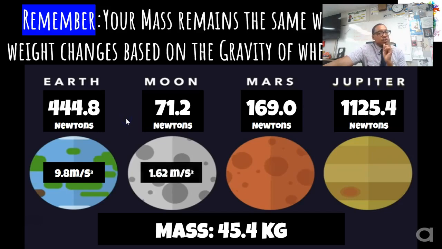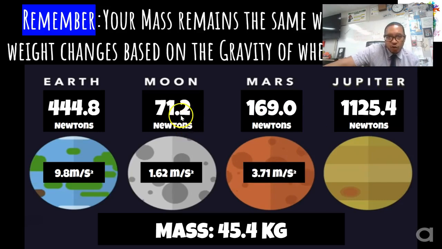The gravitational constant for the moon is 1.62 meters per second squared. So much lower, and so the weight is so much lower. Is the gravity on Mars higher or lower than the moon? Hopefully you said higher, because the weight is higher. It's a little bit more than double.